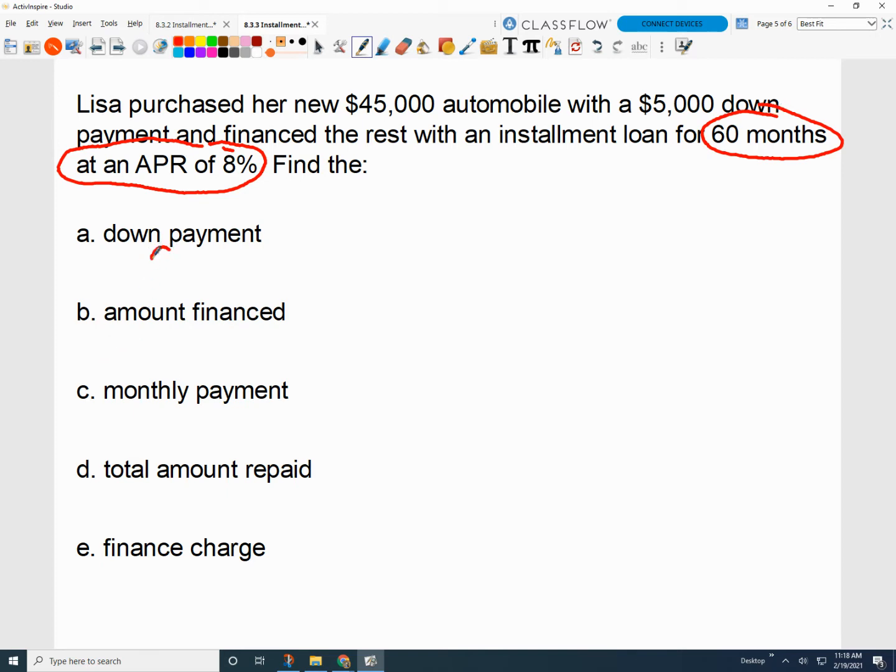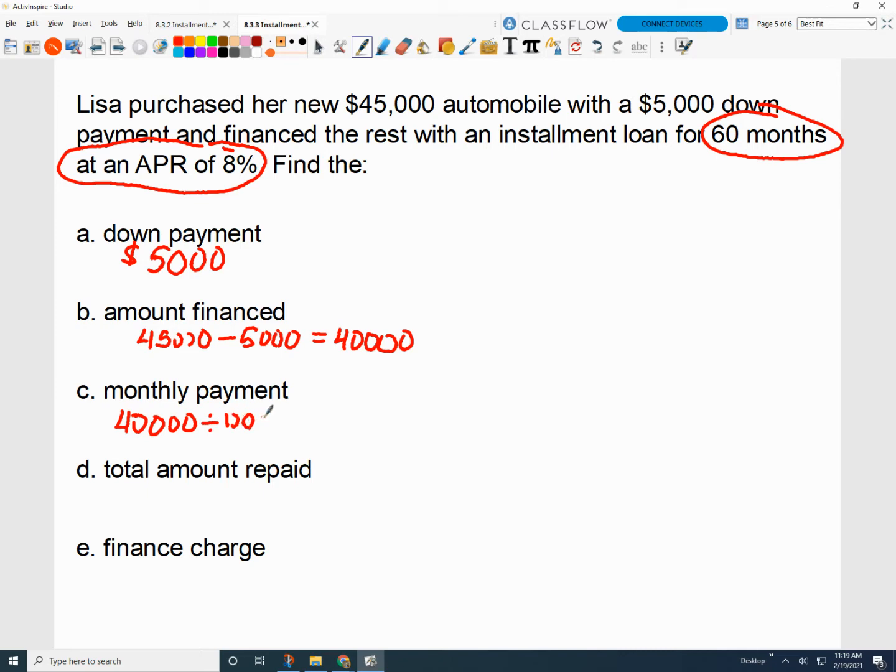So her down payment was $5,000. There's no math for you guys to do there. If it's listed as a dollar amount, you literally just need to put the dollar amount down. So she's financing $45,000, subtract off her down payment. So she's only financing $40,000. So her monthly payment, you take the amount that's financed, divide that by 100.